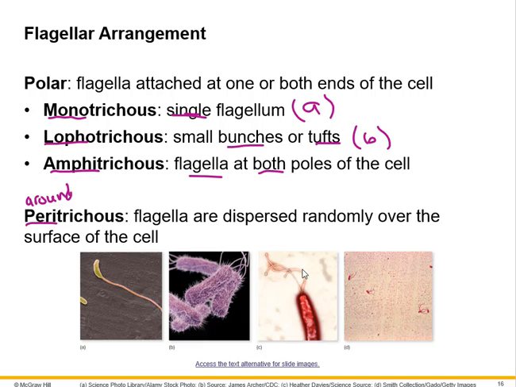And if you have flagella at both ends, it's not really showing here, but that'd be sort of like C. And then D is the peritrichous, although it's really hard to see that. They're all around. E. coli is one that's a peritrichous. It has flagella all over, randomly dispersed all over the surface. Sort of like a bad hair day is the way I would describe that.